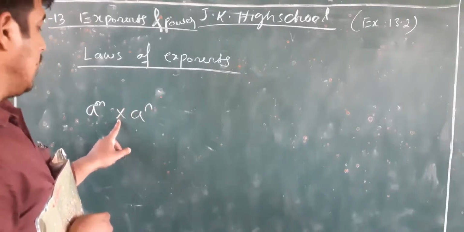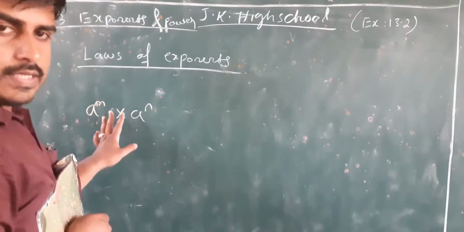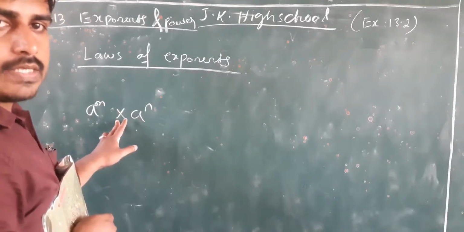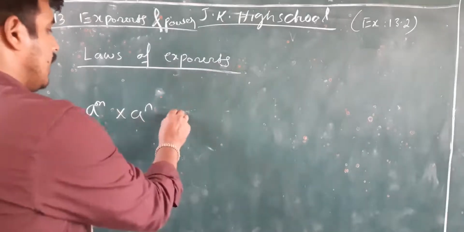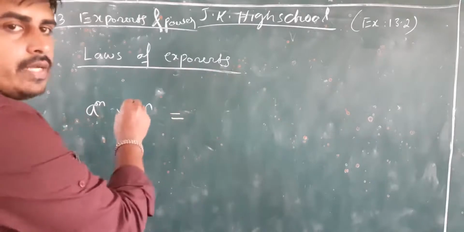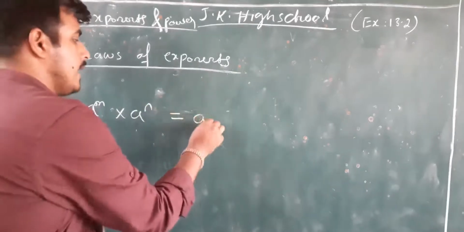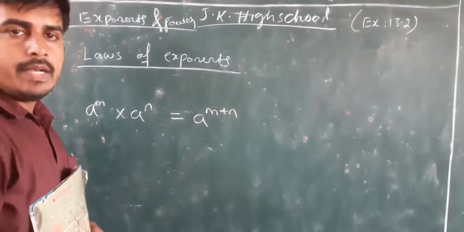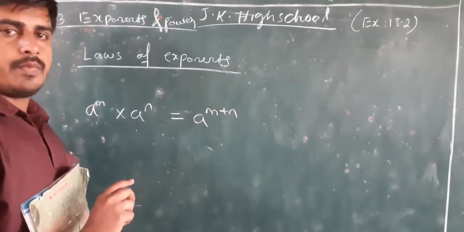If the bases are the same and there is a multiplication sign between them, then you can directly write a to the power m into a to the power n is equal to a raised to m plus n. This is the first law of exponents.